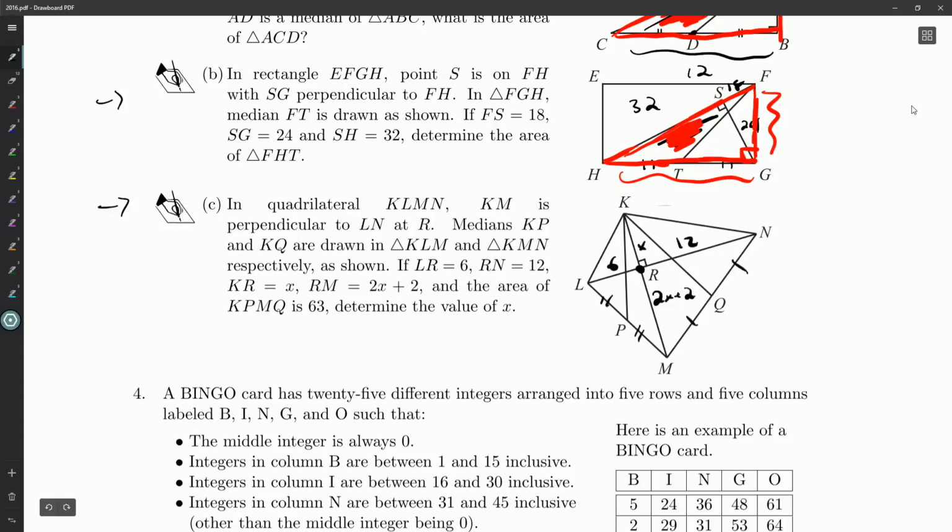Interesting. I'm not quite sure where the medians are going to go with this. I suppose we'll probably have different ways of calculating the same thing. Some of them will have x's in them, some of them might not. Let's draw our picture here.